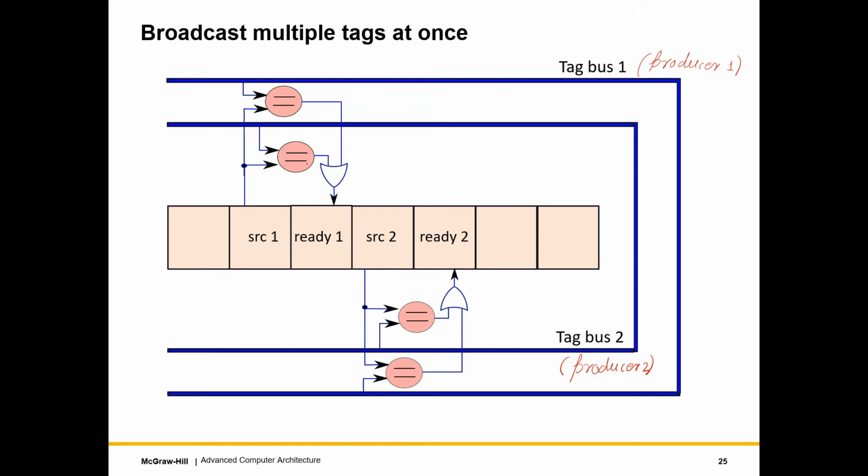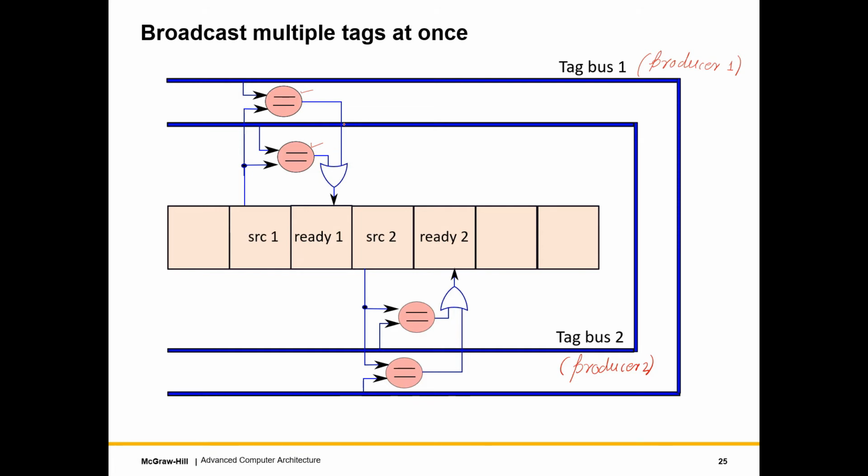So what will actually happen is that we need to compare both the tags that are being broadcasted, tag 1 and tag 2. So let's say for the first source, we will actually compare both the tags. So we need two comparators. We need one over here and we need one over here. So both the tags are compared and then an OR gate. So just one of the comparisons will be successful.